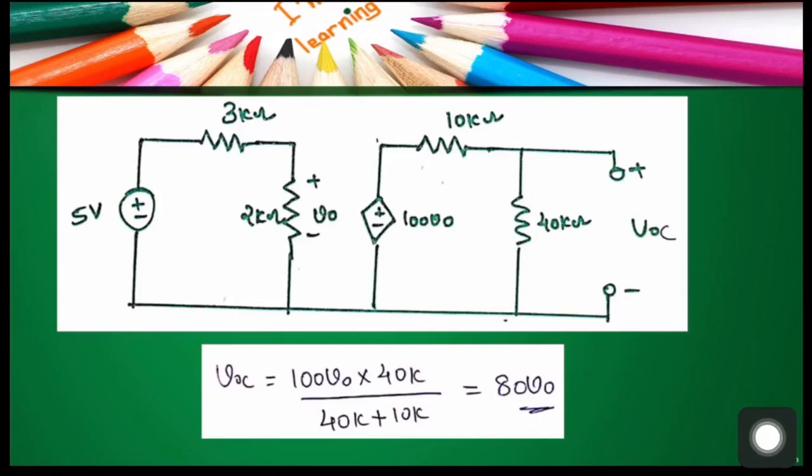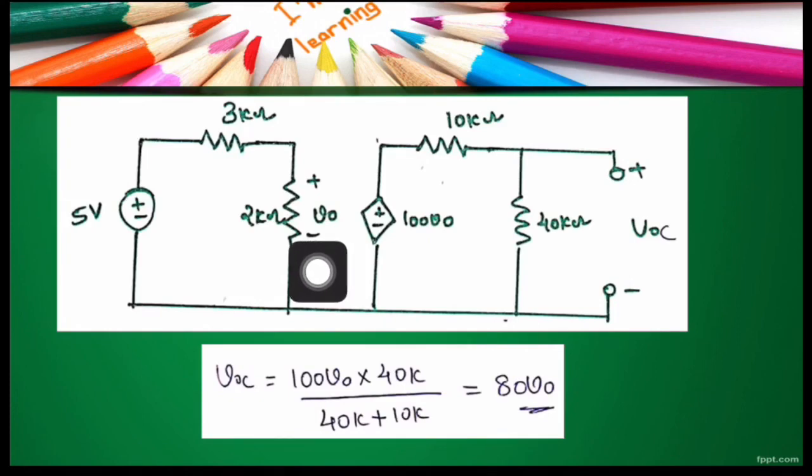So what are we supposed to do next? We are supposed to find the value of V0. V0 is defined as the voltage drop across this 2 kilo ohm resistor. This 2 kilo ohm and 3 kilo ohm are series connected, and this 5 volt source is connected across this series combination. So we can easily find the value of V0 using the voltage division rule.